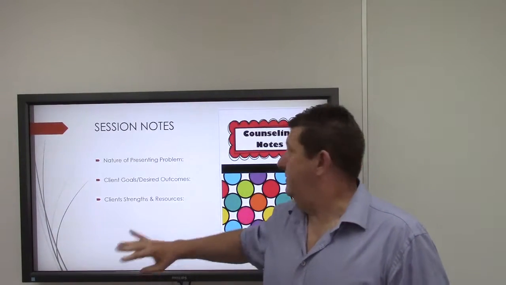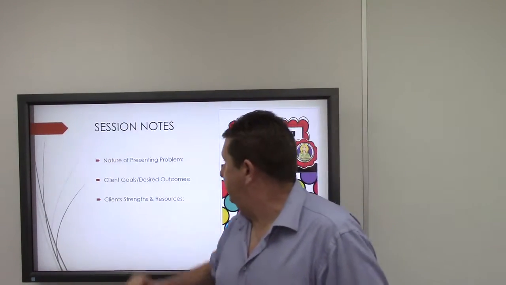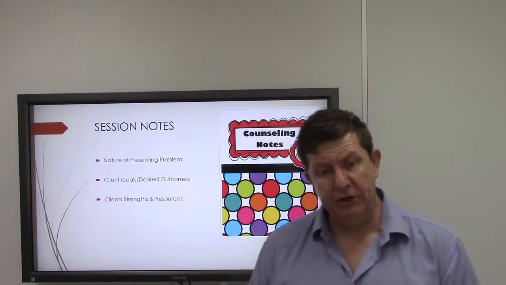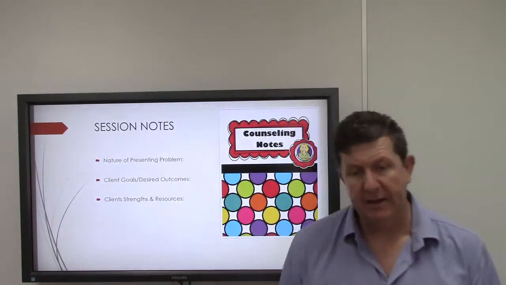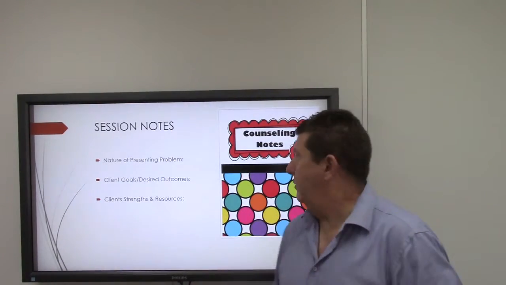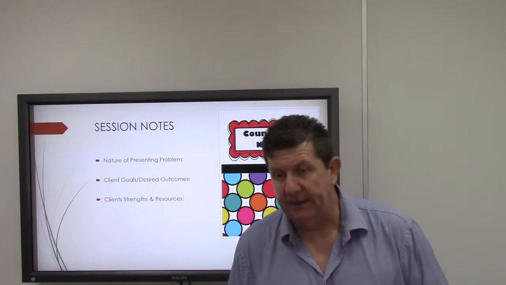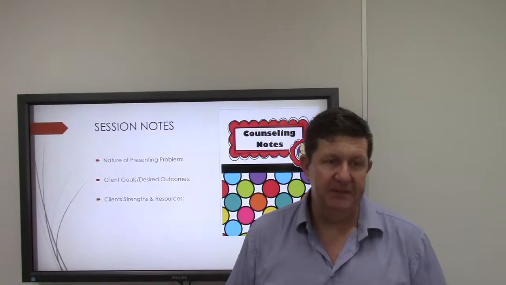The second one would be your client's goals and desired outcome. So what do you want to achieve from this? When you speak to Hannah and you say, Hannah, you've come to counseling, but what do you want to achieve with this counseling session? What do you want from me? She would probably say, I would like to know what to do about feeling guilty. I haven't told my parents what happened.